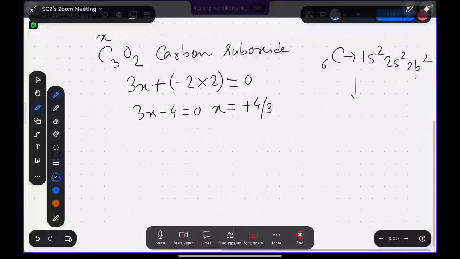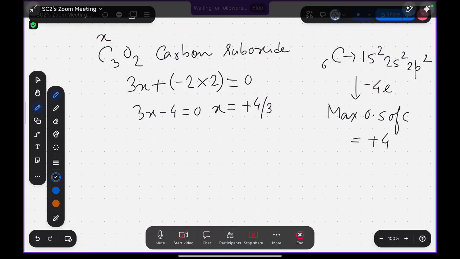That means a maximum of 4 electron loss is possible. That means the maximum oxidation state of carbon can be plus 4, not more than plus 4. It can be less than plus 4 but not more than that. So here the oxidation state of carbon comes to be plus 4 by 3.